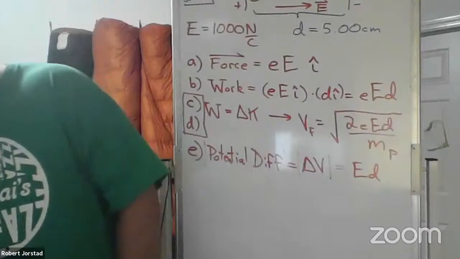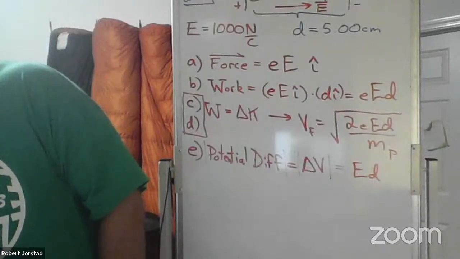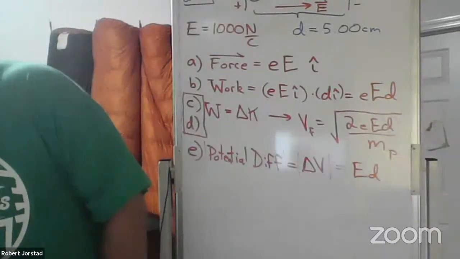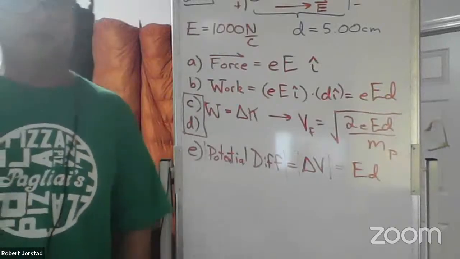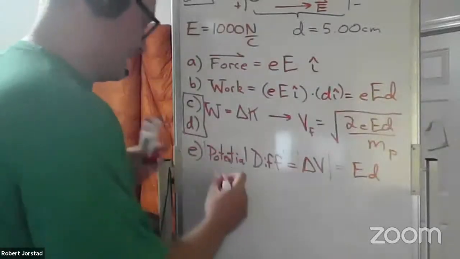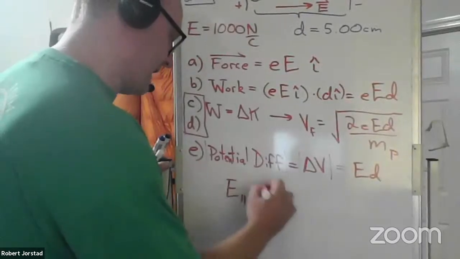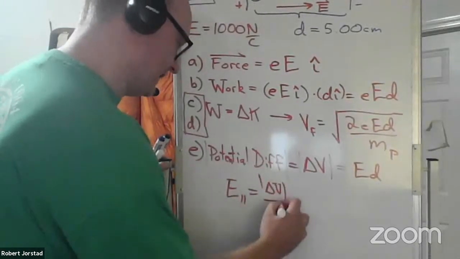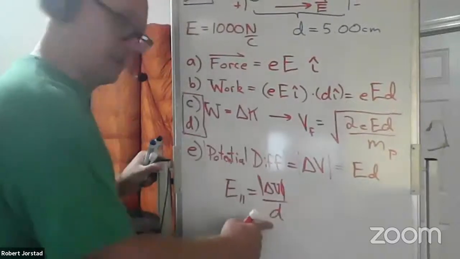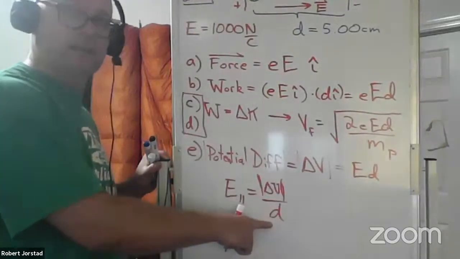Okay. So let's go to part F. Oh, go ahead. Sorry. Can you explain that again? Why is it E times D? I'm sorry, I missed it. Because the equation on the back says E for parallel plates is delta V absolute value over D, where D is plate spacing. Sorry, I didn't make that clear.